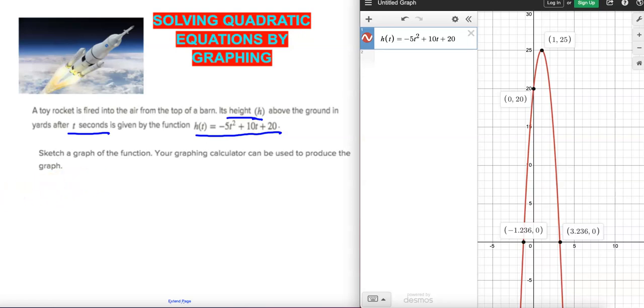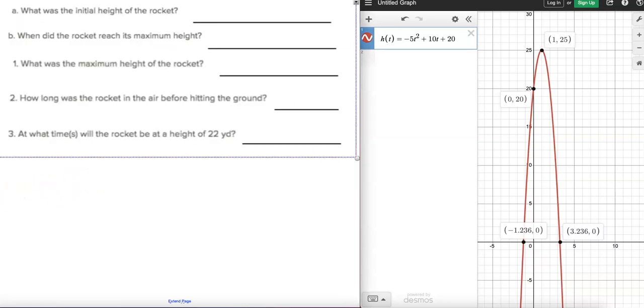Now let's go here. It says, what was the initial height of the rocket? The initial height of the rocket, we're looking at before the rocket was ever launched into the air. Where did the rocket start before it was launched into the air?